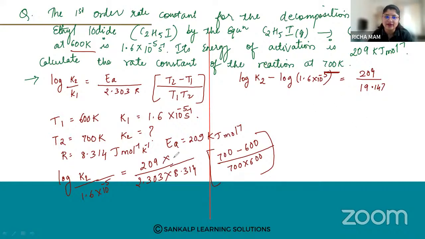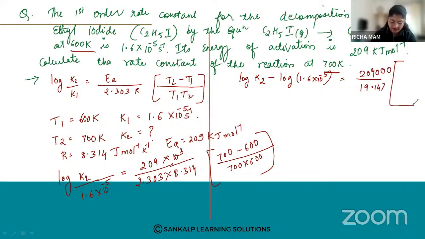They have taken it in kilojoules, no? So what we have to do is take 10 raised to 3 here. 10 raised to 3 means 3 zeros will be added here. Fine.